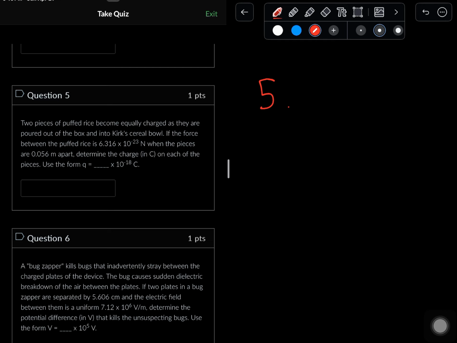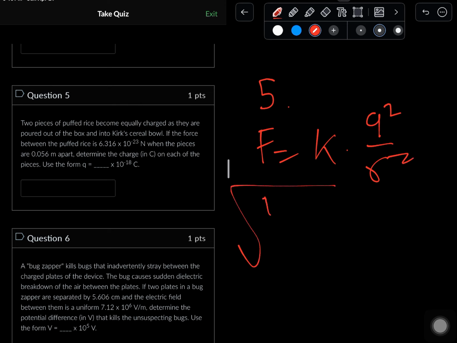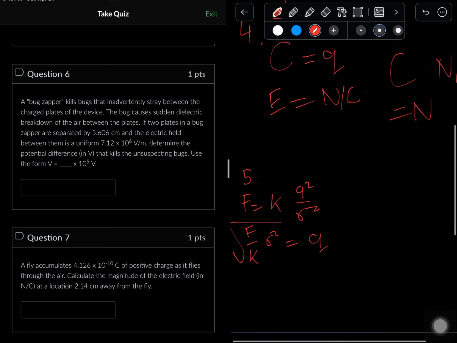So once again, plug it into the equation where F is equal to K times Q squared over R squared. When it's rewritten, we know that it's the square root of F over K times R squared is equal to Q. And this would simply be how you find the charge of a singular piece.